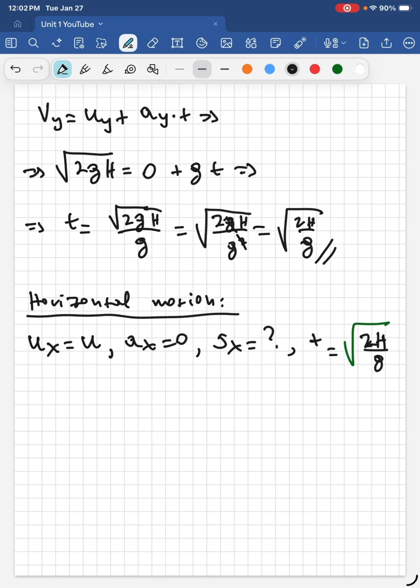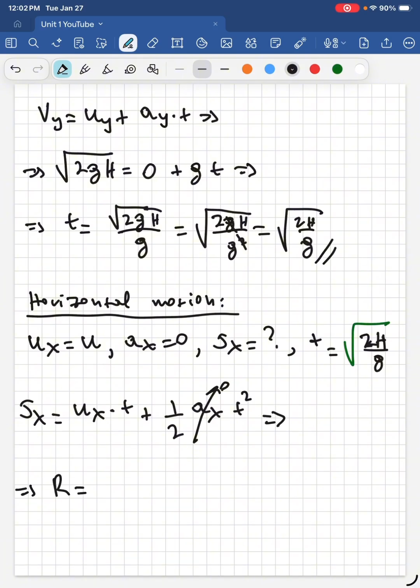So how can we find the range? We can use Sx is equal to ux times t plus 1/2 ax t squared, okay? ax is 0, so we get the very nice cancellation. It's always nice to get cancellations. And Sx is R, right? So the range is, ux is u, and t is just the square root of 2h over g.